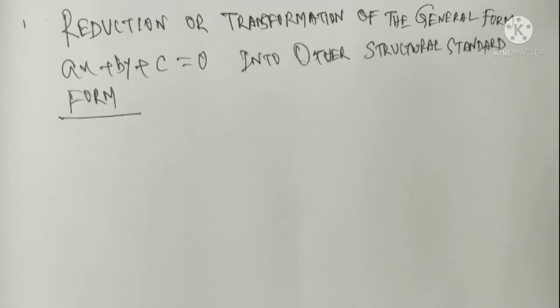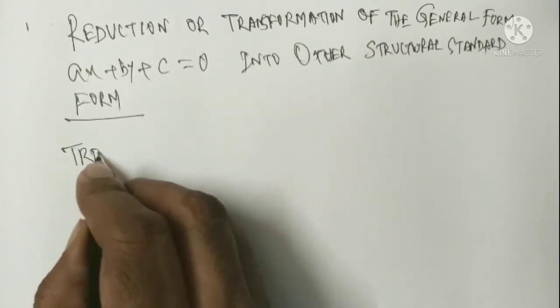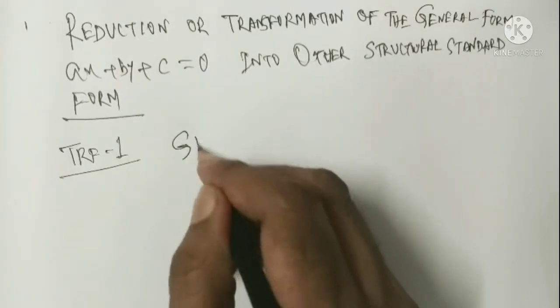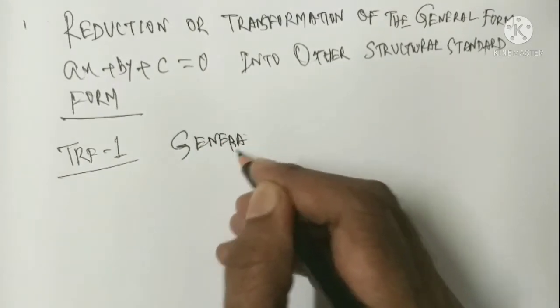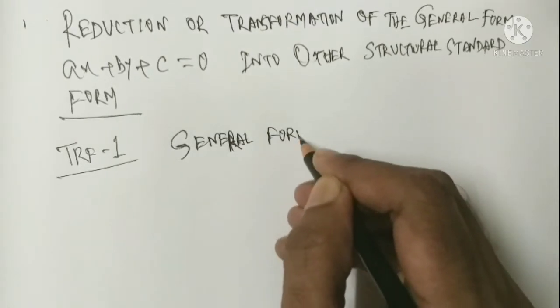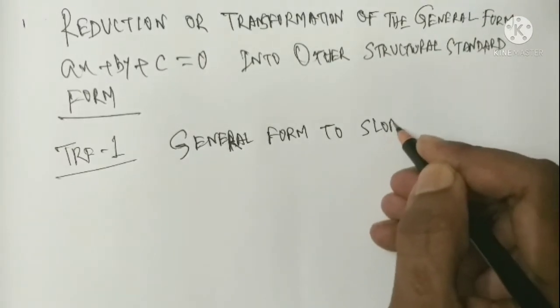What is the use in other forms will be discussed now. Transfer 1, TRF means transfer 1: general form to slope intercept form.